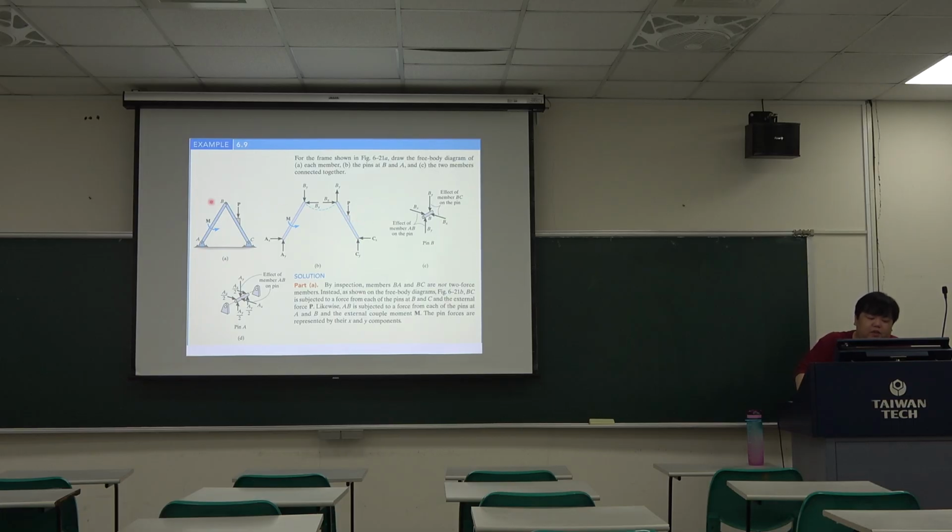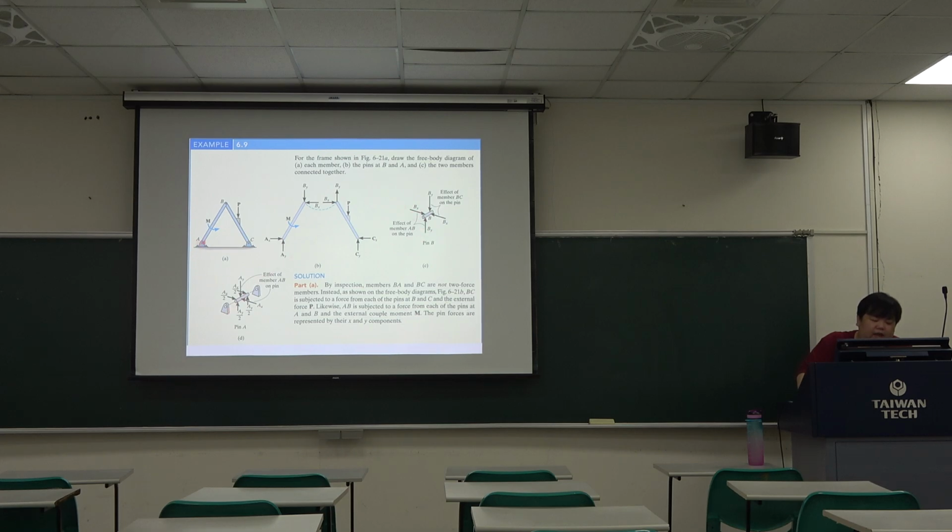And at point B, it is just one pin. At the pin, because we have two members, one here and one here, we need to draw four forces here, because each member has two direction forces.